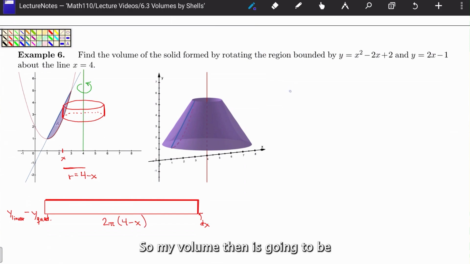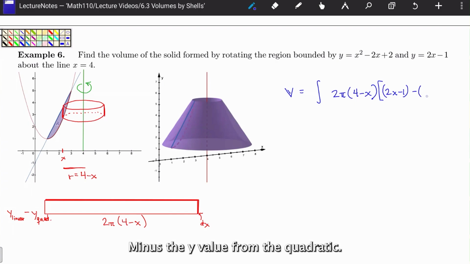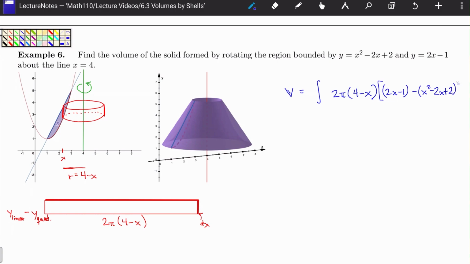So my volume then is going to be an integral of 2 pi times 4 minus x times the y value from the linear function, which is 2x minus 1, minus the y value from the quadratic. So that's x squared minus 2x plus 2, times dx.